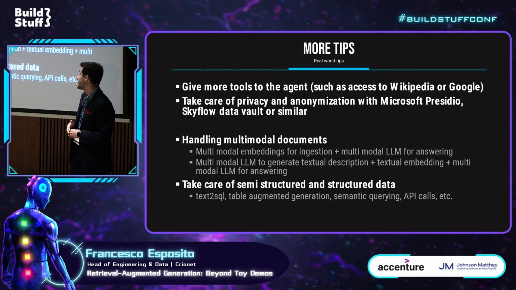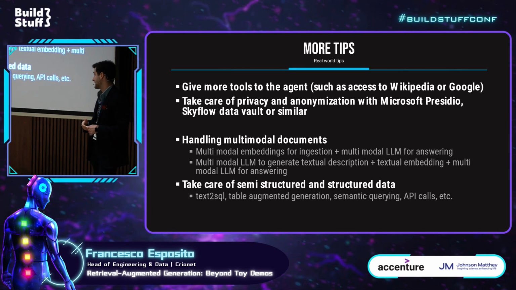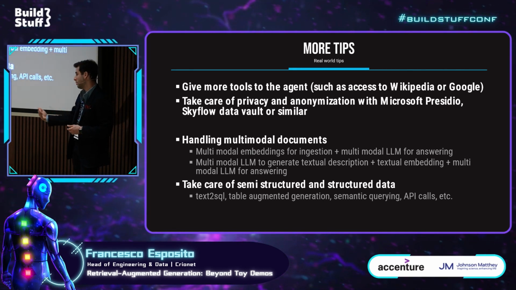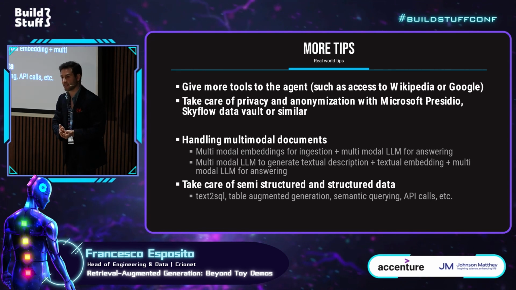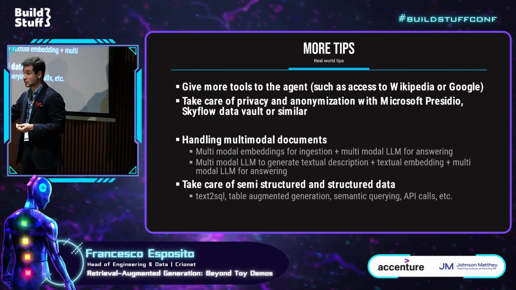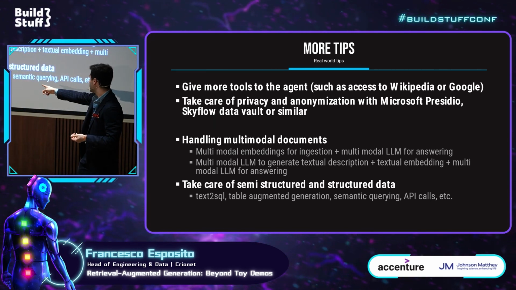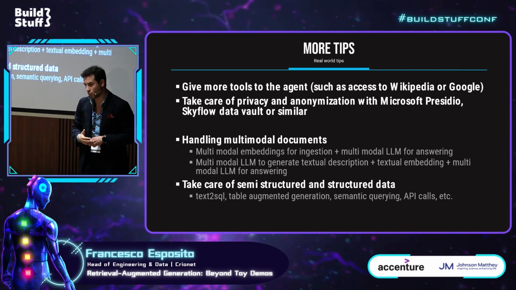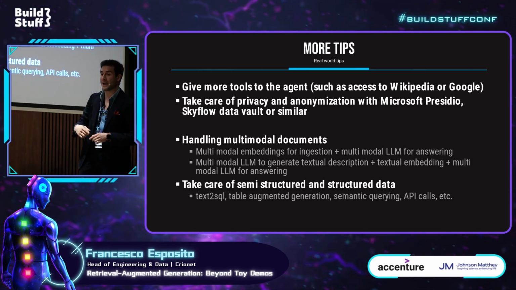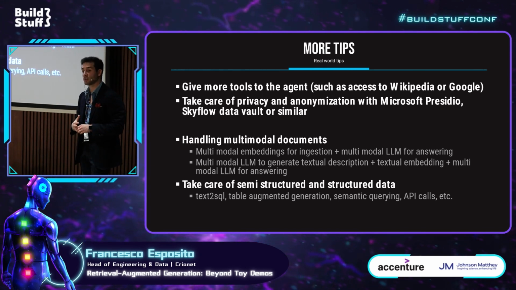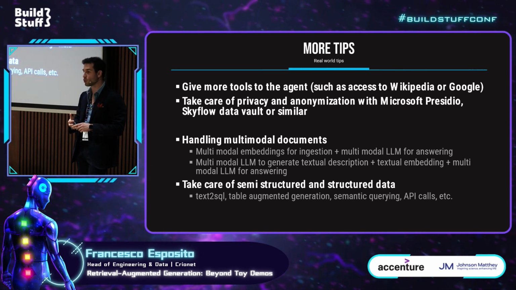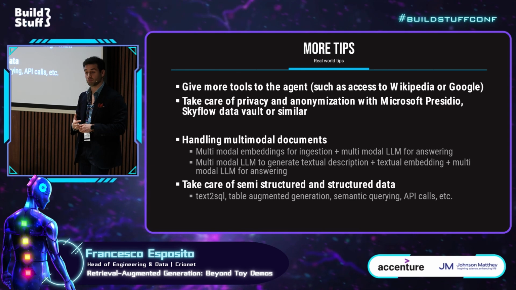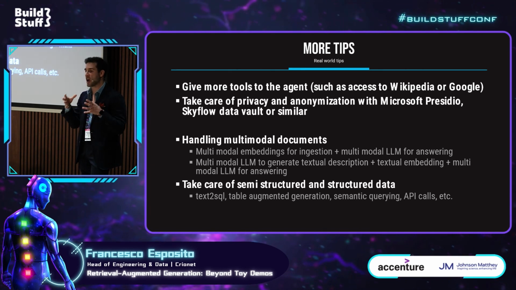Finally, taking care of semi-structured and structured data. At some point, you might need to involve some chain for text to SQL, or, and this is very new, the paper was out one month ago, Table Augmented Generation. This is a relatively new approach, very cool, and works great with structured data.